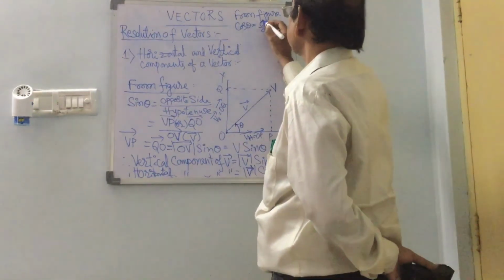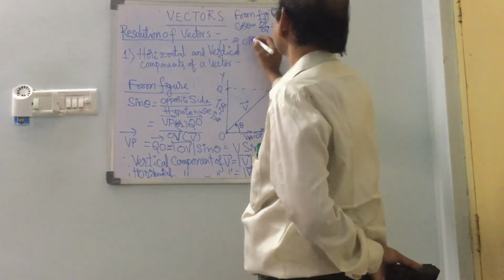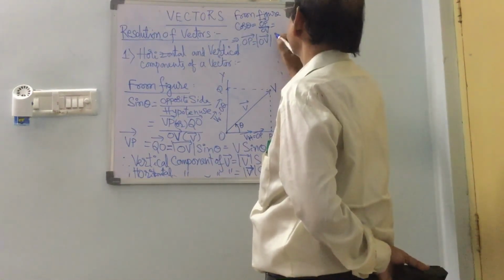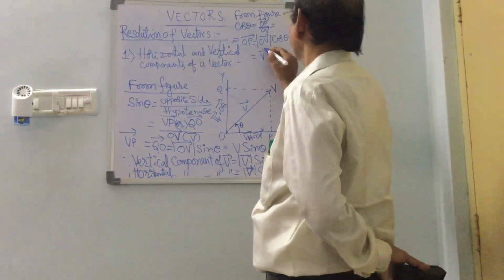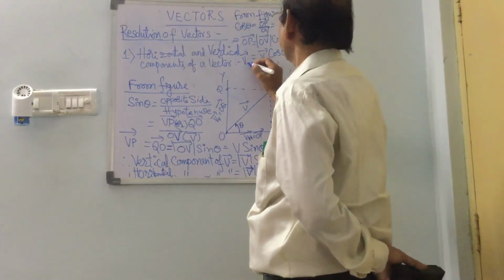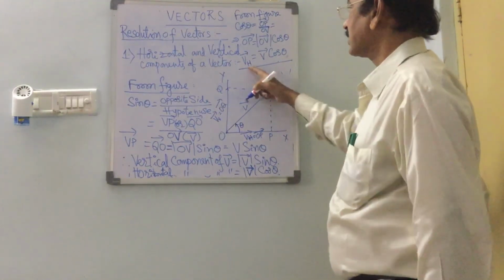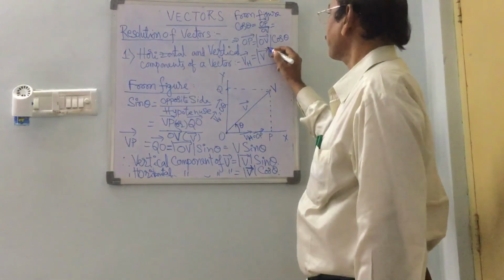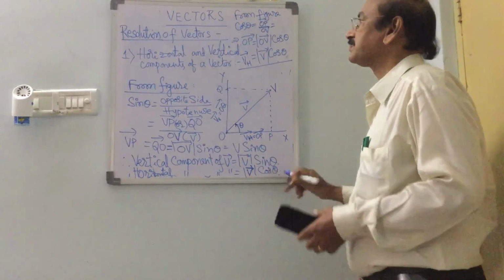So OP bar is equal to OV bar magnitude into cos theta, or V bar into cos theta, V bar horizontal component. So horizontal component of velocity V bar is equal to magnitude of V bar into cos theta. This should be written here.